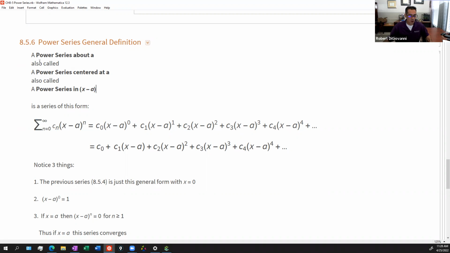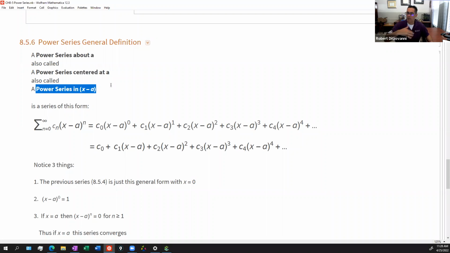Now, I've heard this called 3 different things. A power series about a, which just means you've moved it by a. It's also called a power series centered at a. Or it could be called a power series in x minus a.